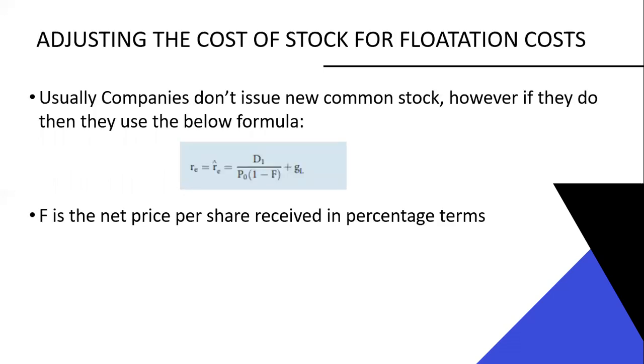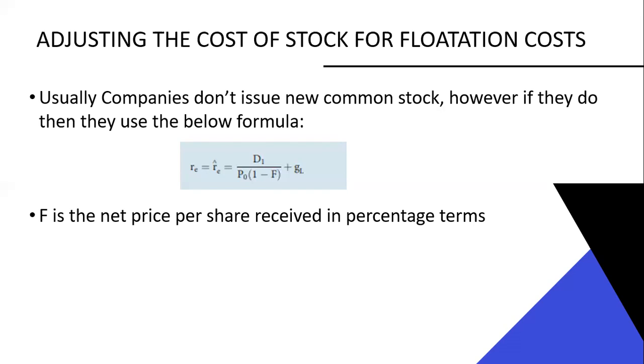One thing to mention is that when we're talking about issuing new common stock, there is a significant flotation cost involved. As you can imagine, there are banks involved, and they have to float the stock, so that's a bit of an expensive endeavor.